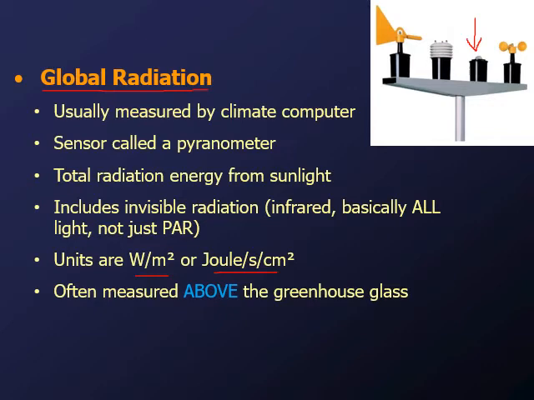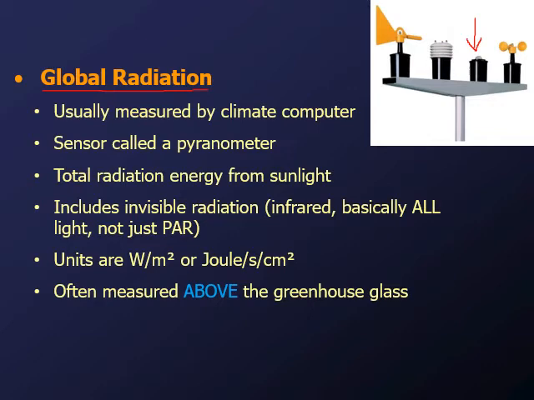It's not spectrum specific. It reacts across the entire spectrum of the sun. And that gives you light energy that is impinging at the very top above the greenhouse. Sorry, I said that too many times, I know, but anyway, so global radiation is above the greenhouse, okay? Where typically we put parameters inside at the crop canopy level.